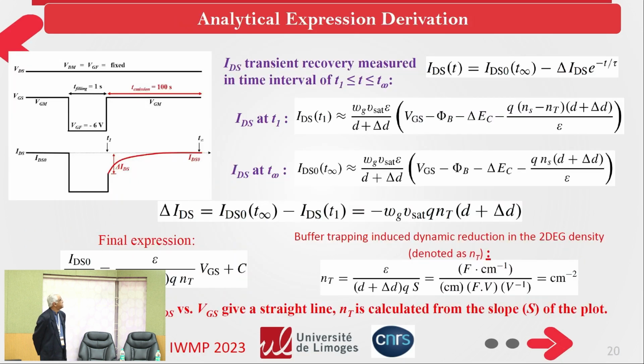So we have tried to make an analytical expression. I use the same thing, the single pulse measurement. As you can see, the current IDS at T1 is reduced by the amount of NT due to the trapped electrons in the buffer.